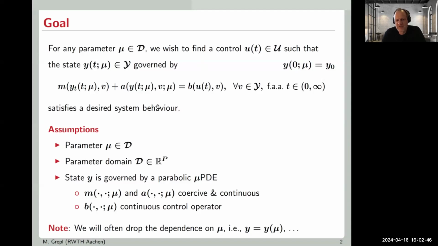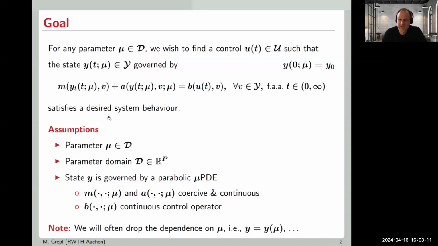By desired system behavior, we mean many things, but for example, we might be given a desired state YD, and we want the state to replicate that desired state YD. Or if our system itself is unstable, for example, we would like to stabilize the system towards the origin.